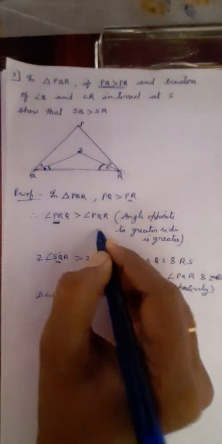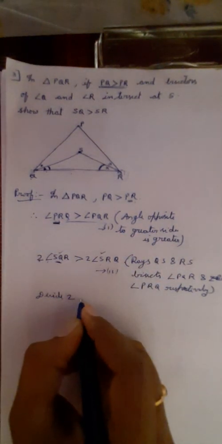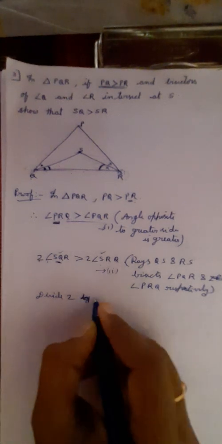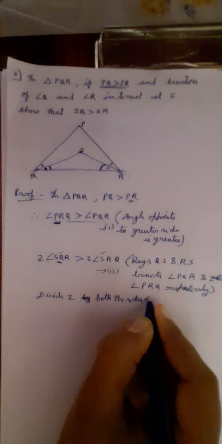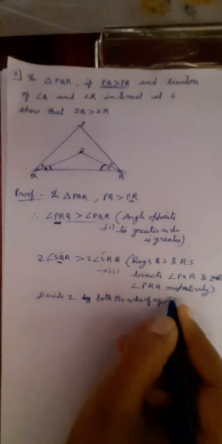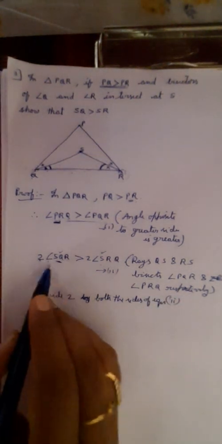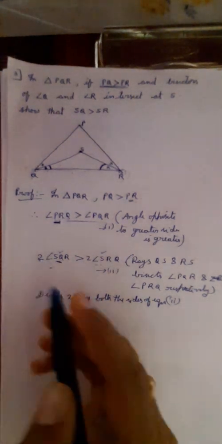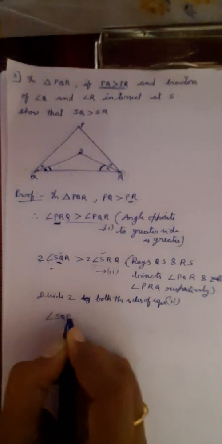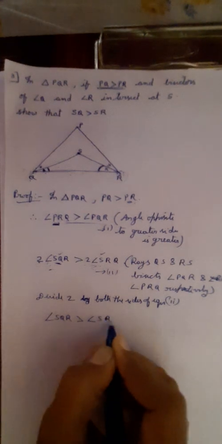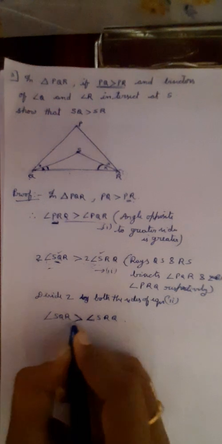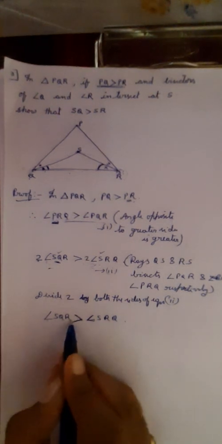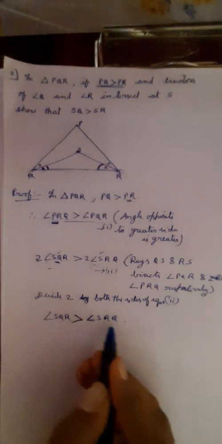This is equation 1, this is equation 2. Divide both the sides of equation 2 by 2. So what do we get? 2 cancels. So remains angle SRQ greater than angle SQR. Angle SRQ is greater than angle SQR.